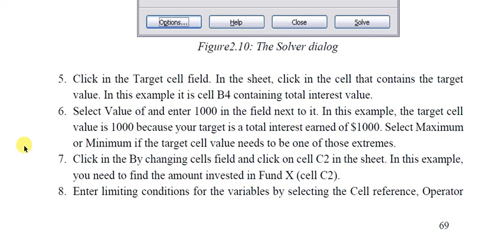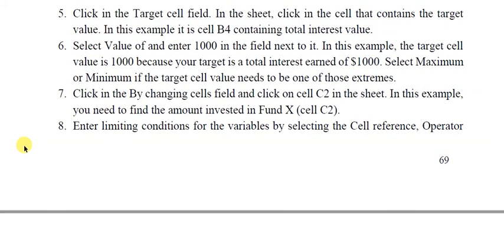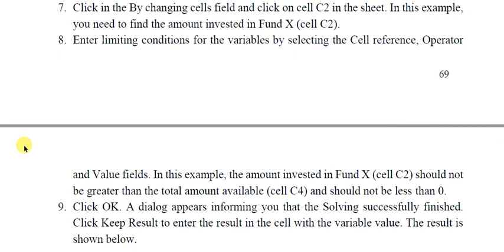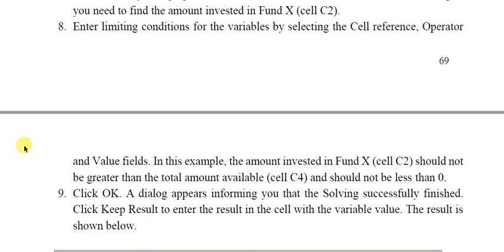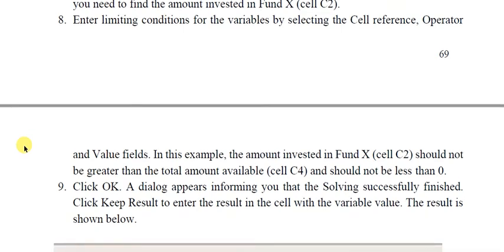Enter limiting condition for the variables if you want to have. Okay, here the condition is the amount invested in fund X should not be greater than the total amount available. Okay, you should not invest more than your available amount. Or second condition is that it should not be less than 0. Okay.